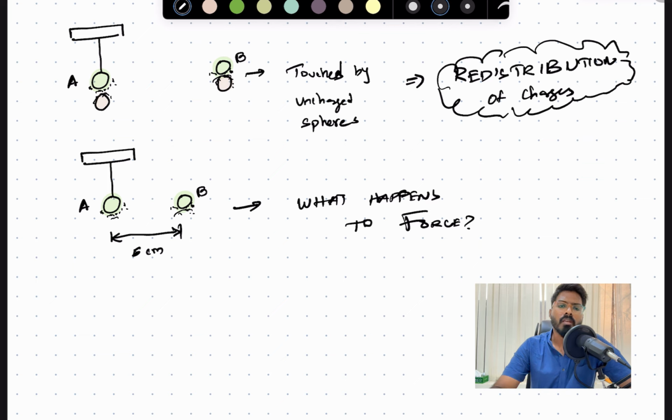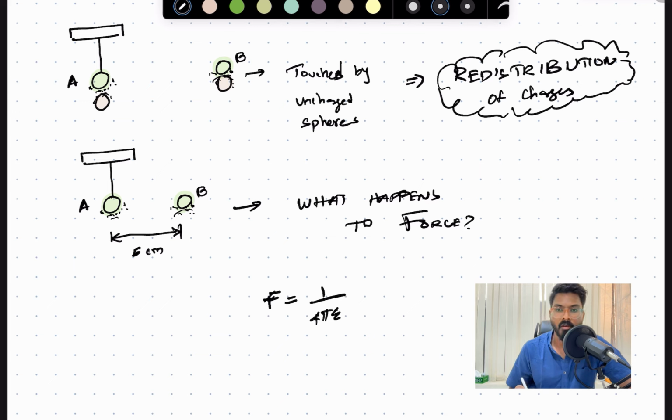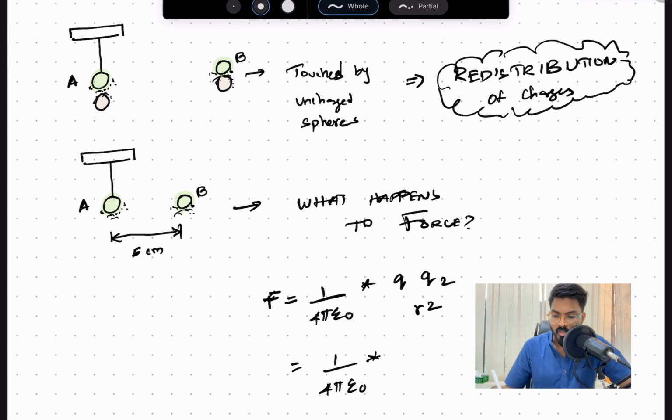You can easily guess it, but if you are not able to guess it, can we try arriving at it mathematically? Let's do that. The formula for force is never going to change. So force is 1 by 4 pi epsilon naught into q1 q2 by r square. 1 by 4 pi epsilon naught is not going to change ever, but q1 and q2 have some changes.